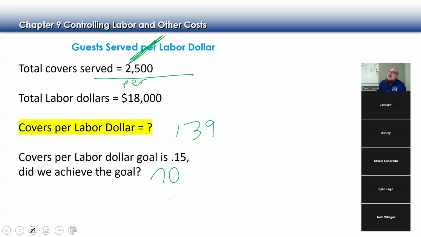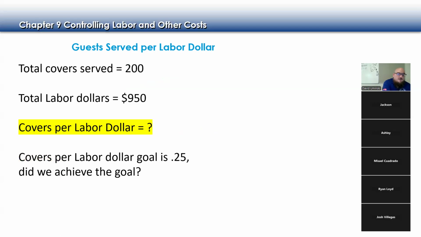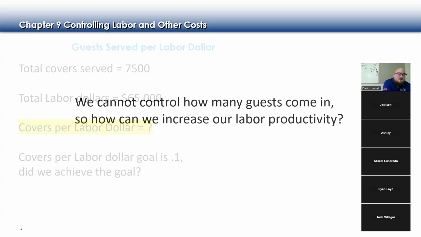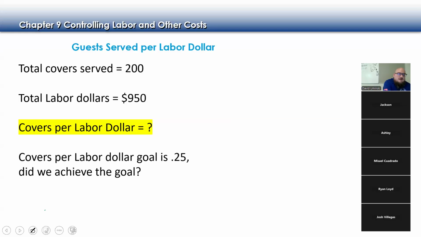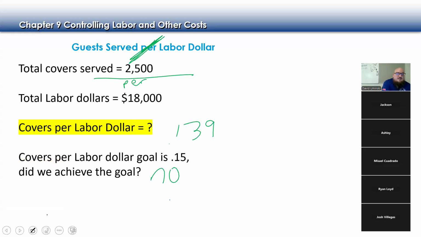That means we spent a little bit more money than we should have. If I wanted to double check this, if my goal is 0.15, that's my goal of 0.15.